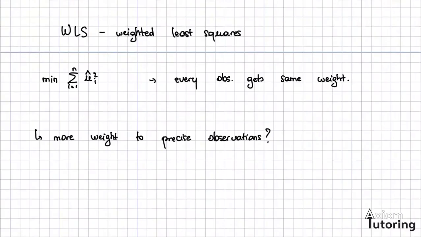So if OLS did this, weighted least squares is now going to minimize the sum of w_i, the weight for every observation, times u_i squared, for i going from 1 to n. So now we've got a weight specific to each observation. Same objective as OLS. However, instead of minimizing the squared residuals by giving every observation the same weight, now every observation has its own weight.